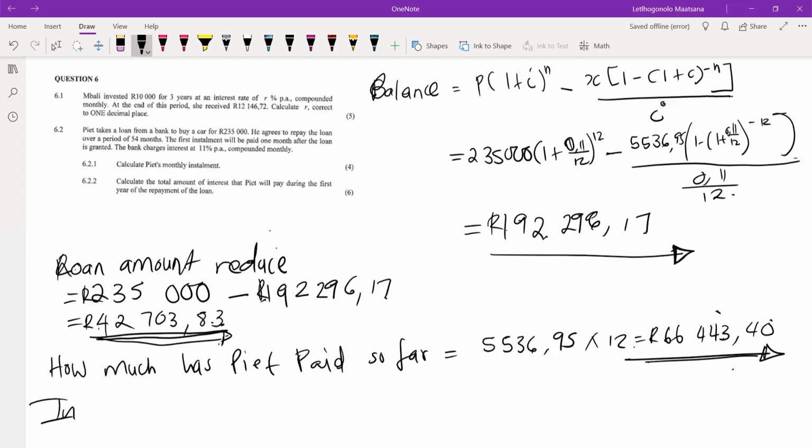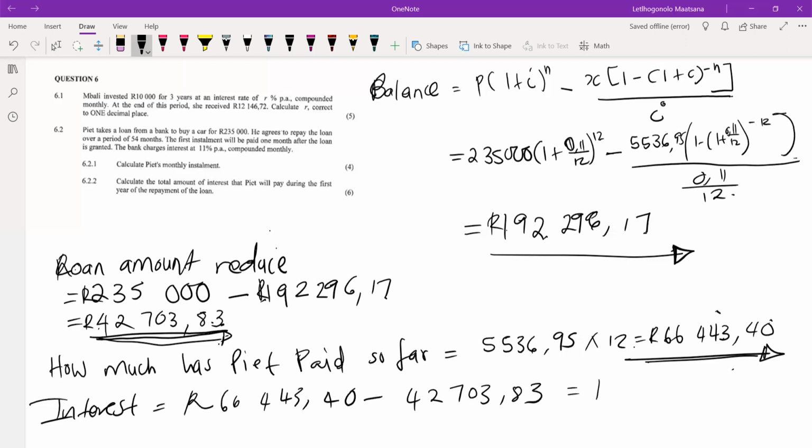So the interest would be equal to then, and that gives us 23,739.57. Right. And this is the amount of money that has gone towards paying interest.